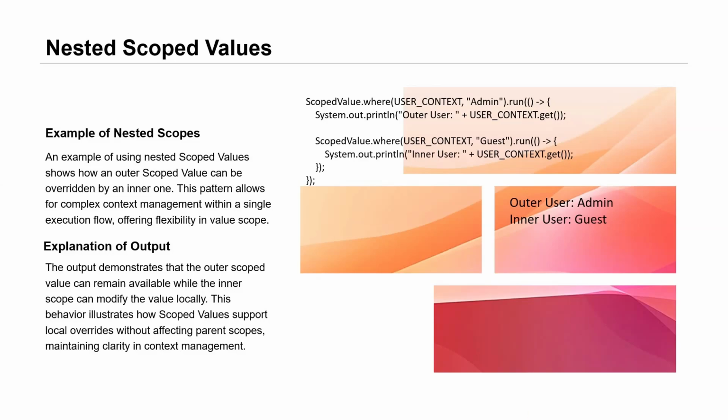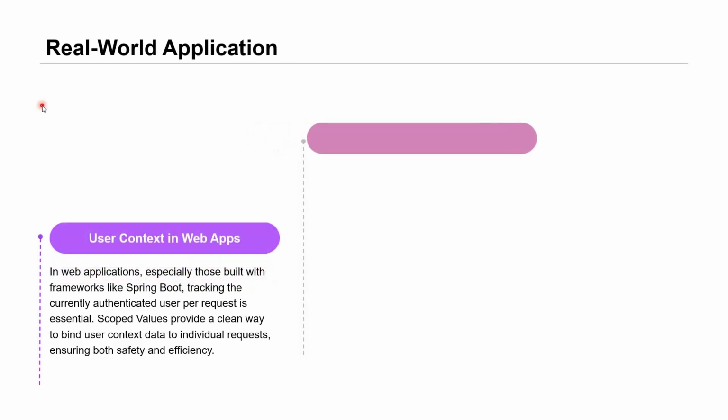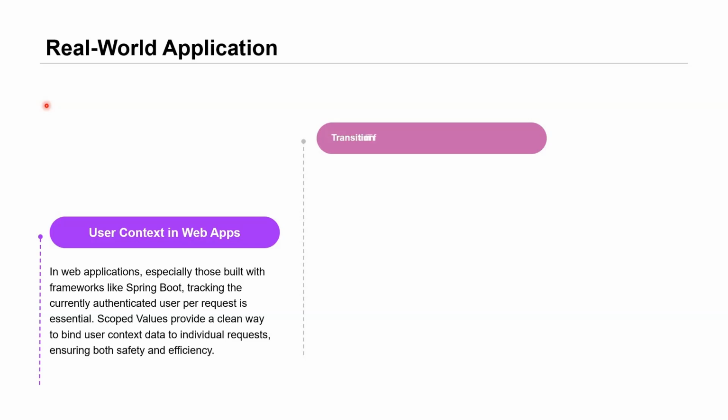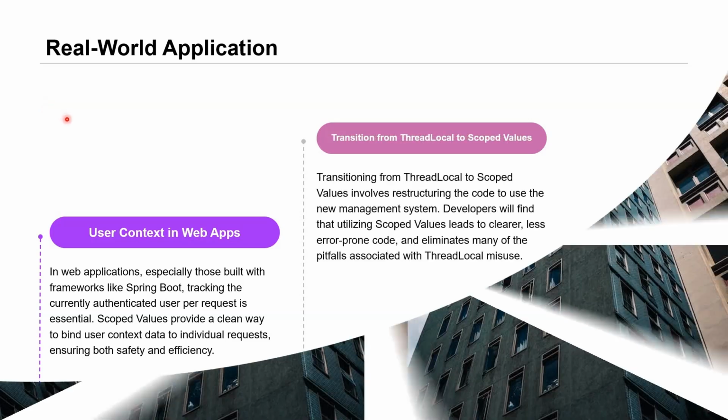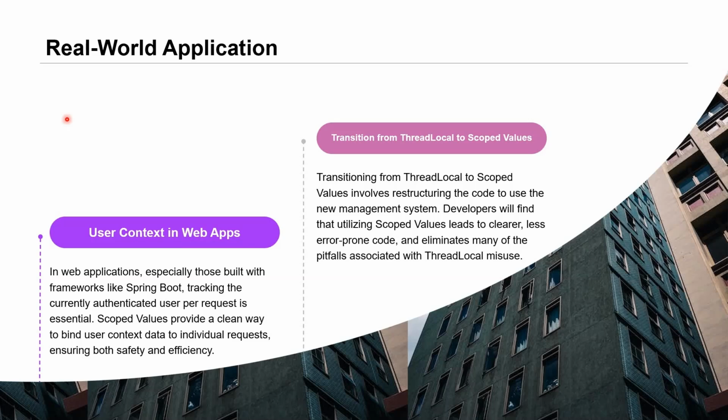Now if we talk about real-world applications, in web applications, especially those built with frameworks like Spring Boot, tracking the currently authenticated user per request is essential. Scope values provide a clean way to bind user context data to individual requests, ensuring both safety and efficiency.